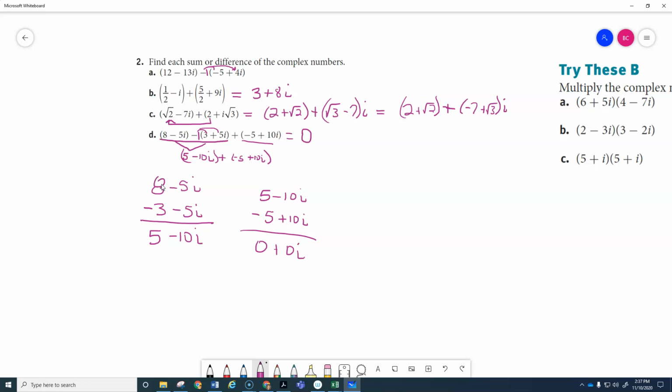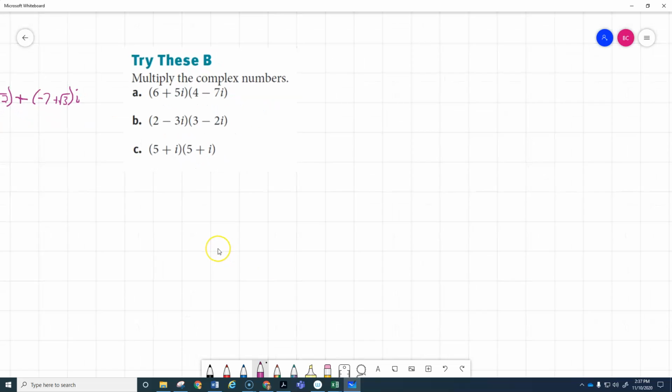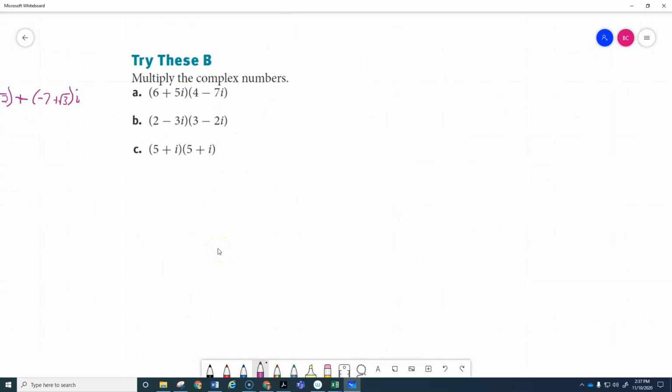So that's just going to be a matter of practice, but you add the real parts and then you add the imaginary parts. For multiplying, you just do FOIL. You can also stack it. Or double distribution. Gosh, there's lots of ways to do this. So you can take the 6, this is double distribution, and multiply the 6 times this right here, and then multiply the 5i times this right here.